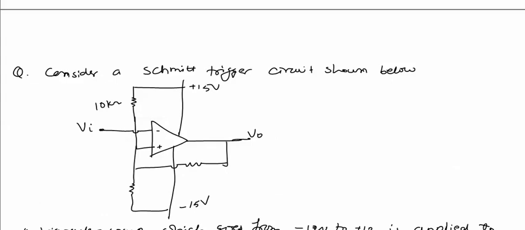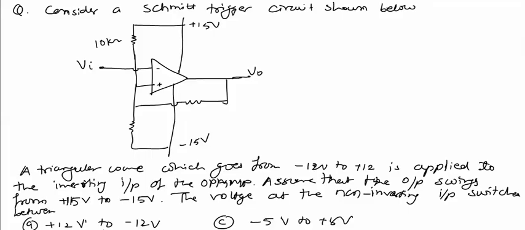Now for this hysteresis curve, the input waveform is given as a triangular wave which goes from plus 12 volt to minus 12 volt. But in the previous analysis of the Schmitt trigger circuit, whenever we wanted to calculate the values of VB, that is VUTH and VLTH, the voltage at the non-inverting input, we never included any input voltage in the calculation.